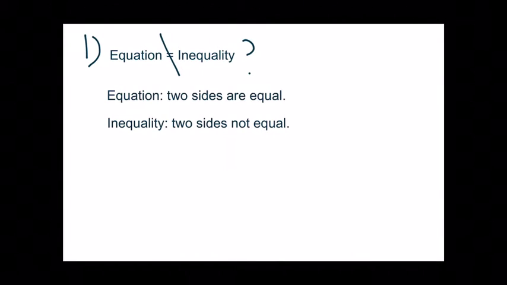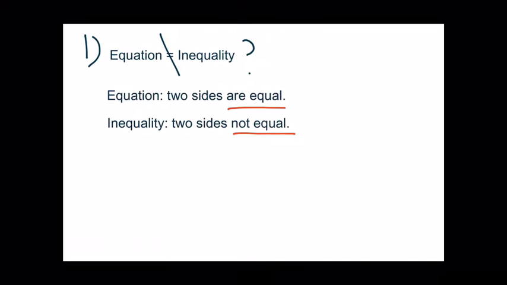One question that often gets asked is whether an equation is actually equal to an inequality. Are they the exact same thing? Well, unfortunately, no. Although both equations and inequalities make use of variables, they are different for one reason. For equations, the two sides are equal, while for inequalities, the two sides are not equal.